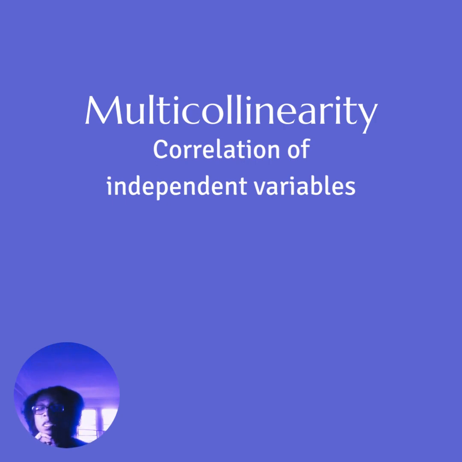So for multicollinearity, what you're really looking to see is, are there any factors aside from the relationship between the independent and the dependent variable? Are there any factors amongst the independent variables that I need to consider and control for? I'm using control as a very loose term here.